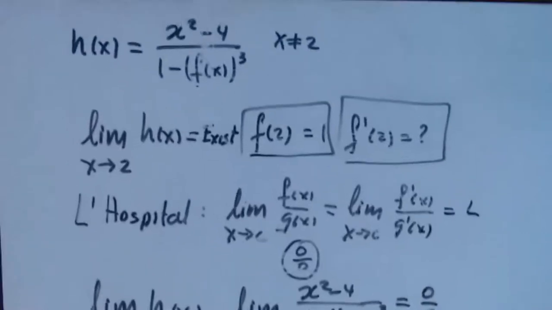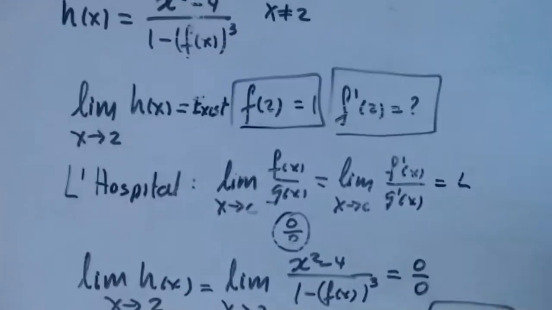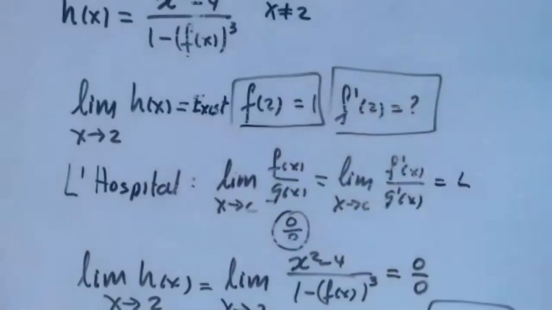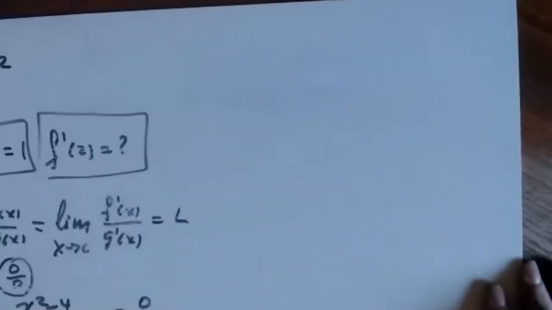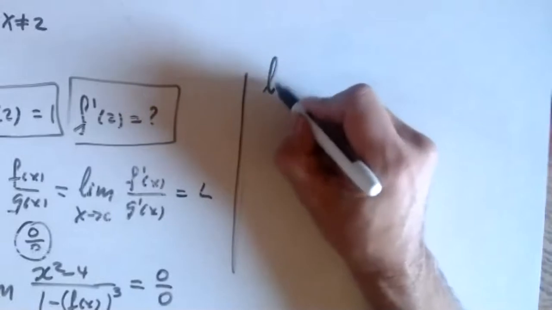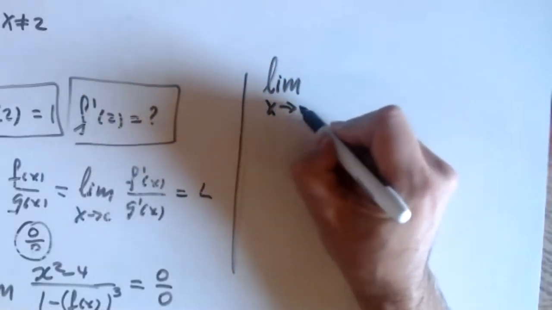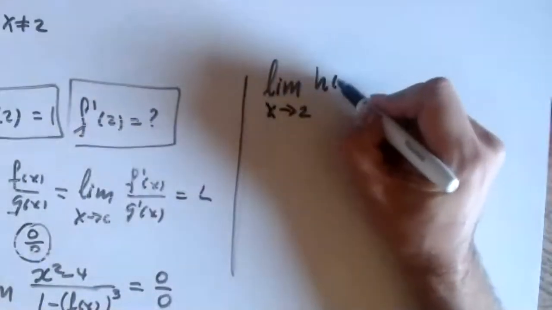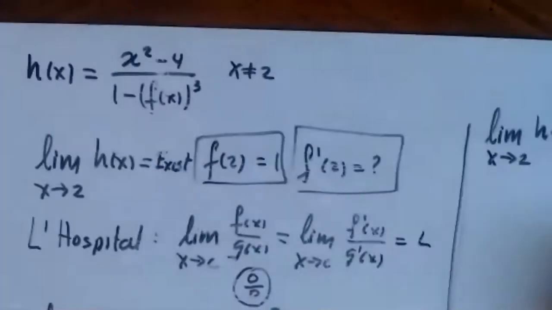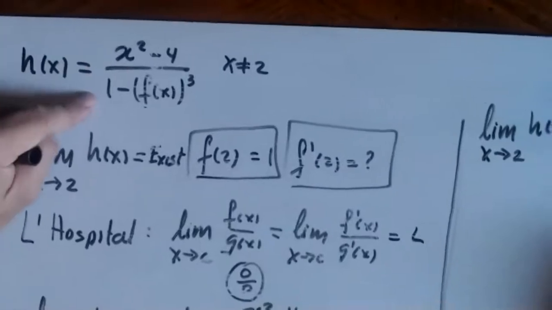Get the derivative. Well, let's see. Let me just move this to the right a little bit. So f prime in 2, so limit when x is approaching 2 of h of x. Remember what h is, this over this.